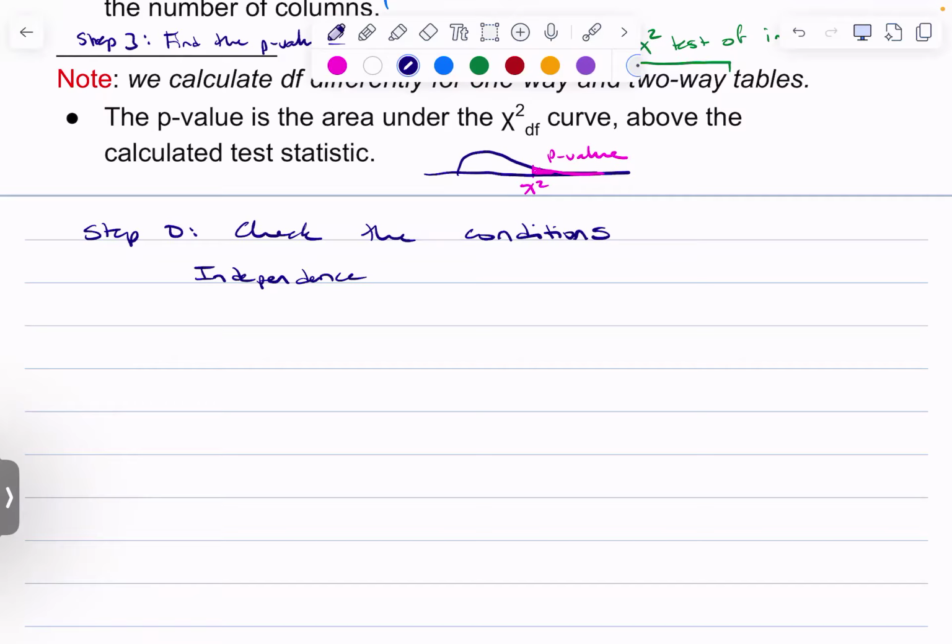And what we mean by the independence here is that each outcome, right, within the variables has to be independent of the other outcomes. Okay? And so for contingency tables, as long as the data was randomly sampled, right, we just need to make sure that all the categories are disjoint.